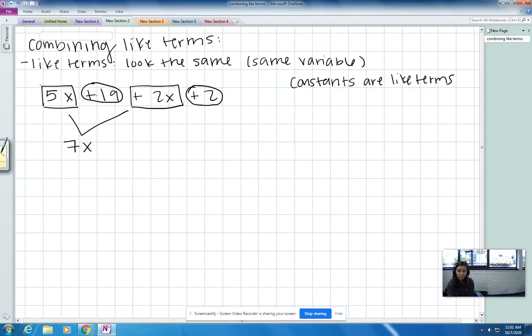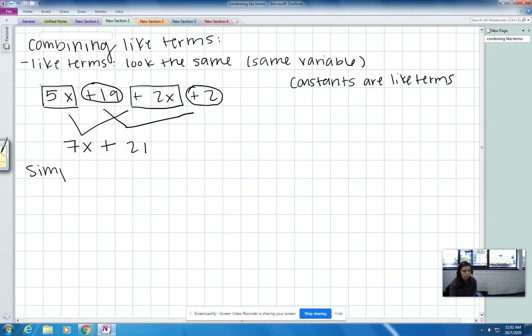This operation does matter because it tells us that we should be adding our results to that 7x. We are going to add 21. So this addition symbol told us to add this number. This addition symbol told us that we were going to add the like terms instead of subtract them. If that sounded a little bit confusing, let's do some examples to help it make a little bit more sense.